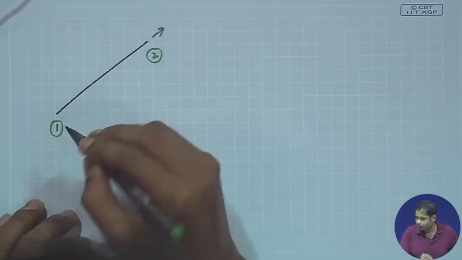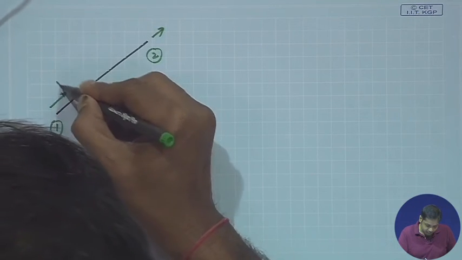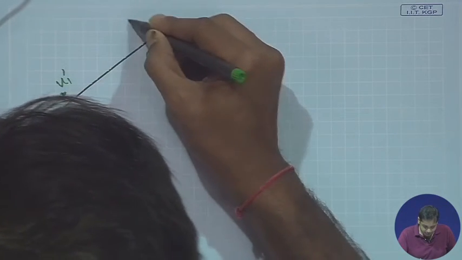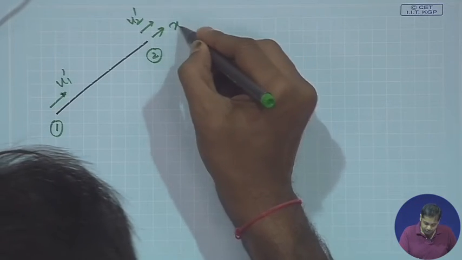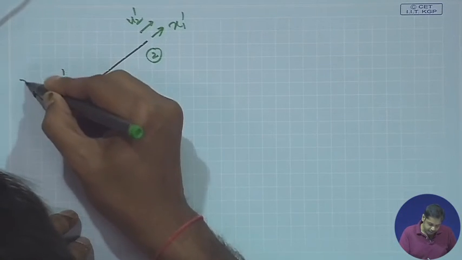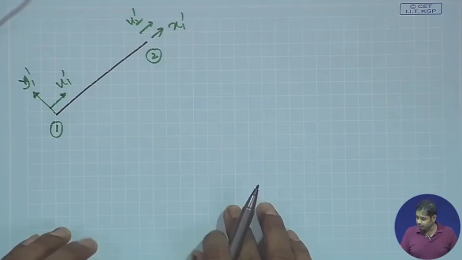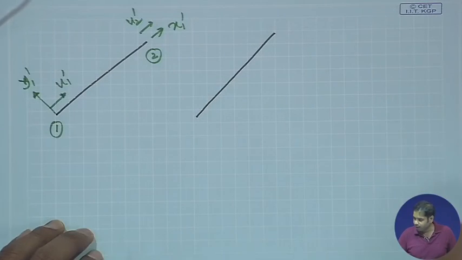This is U1 dash, this is U2 dash, and this direction is x1 dash and this direction is y1 dash. So, this is our local system. Now, similarly, the corresponding global system will be like this.